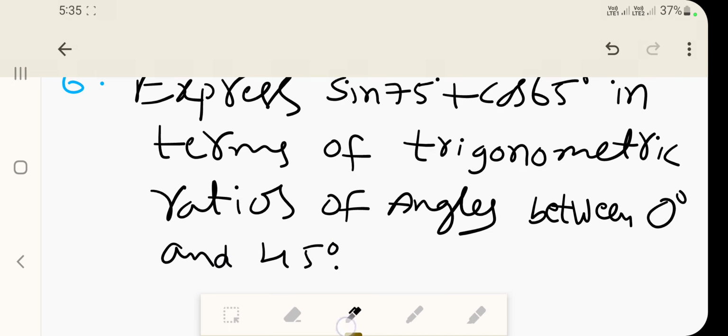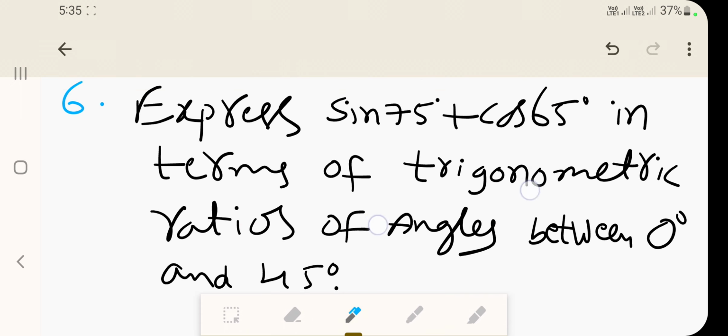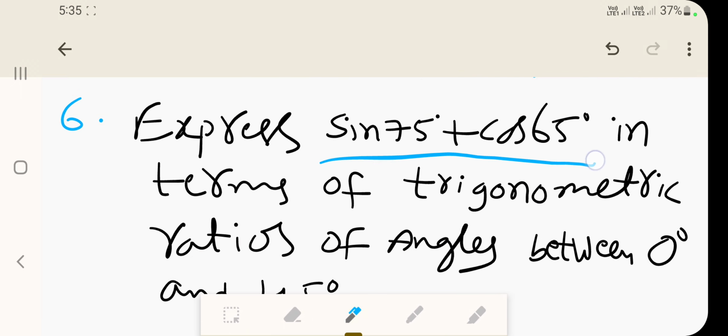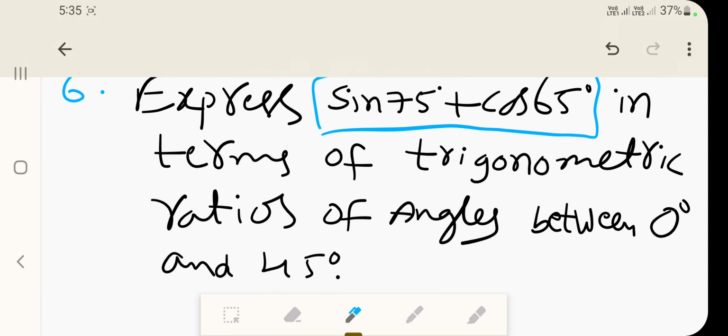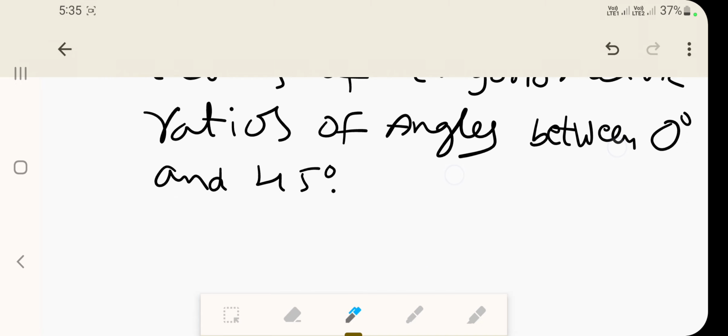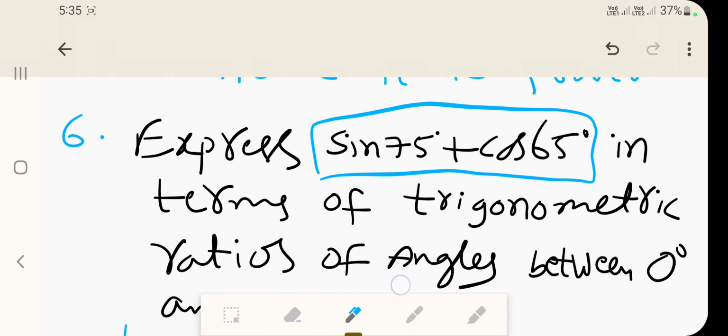That is what they have given here. Express this sin 75 and cos 65 in terms of new angles which lie between 0 and 45. So sin 75 and cos 65 we have to replace with new angles.